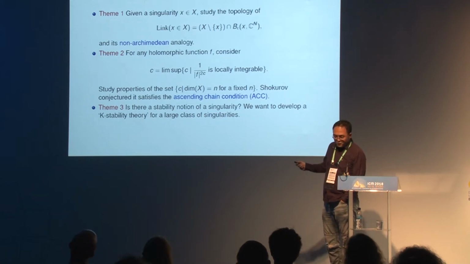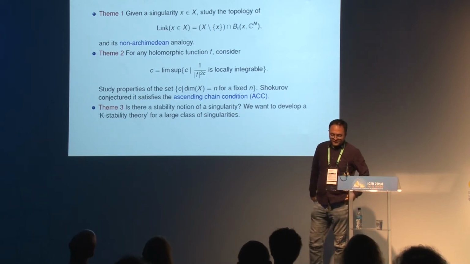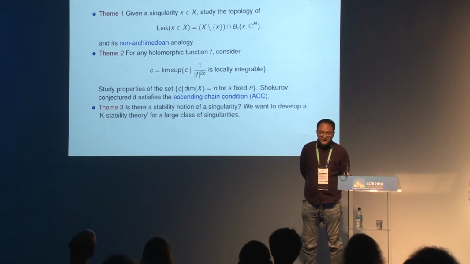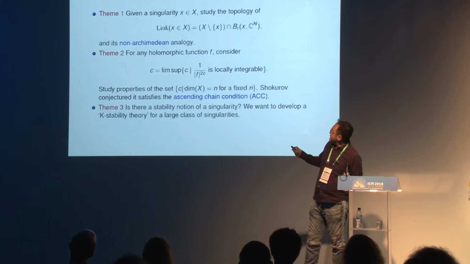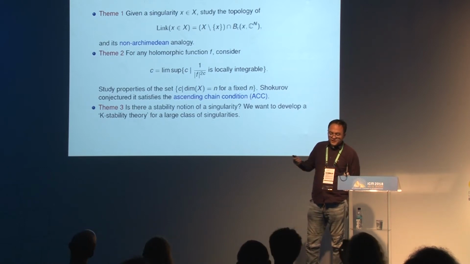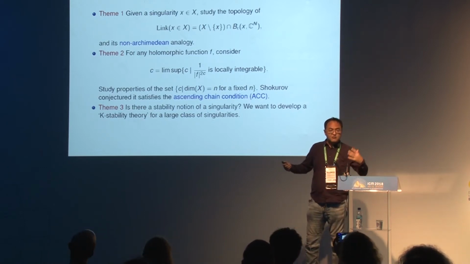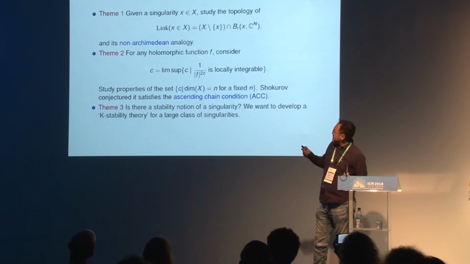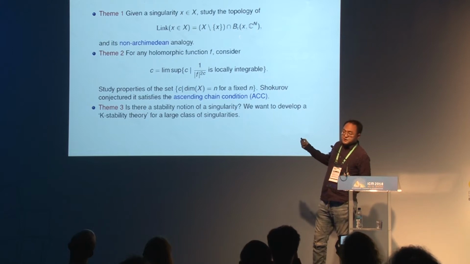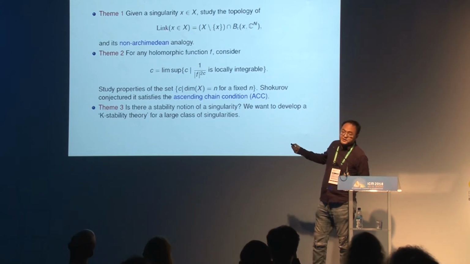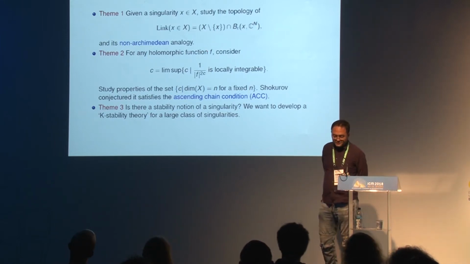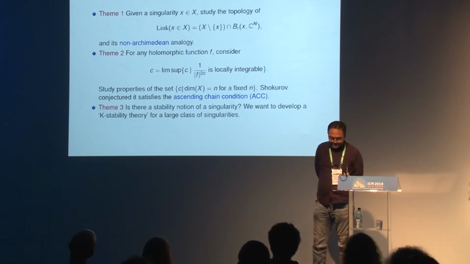Theme 1 is kind of classical. Given a singularity, people look at the link. If I embed my singularity X into some big affine space, which I can always do since my singularity is local, and then choose a ball around the singularity and take the intersection with X minus the singular point, this is called the link. Sometimes people take the sphere, sometimes the ball.